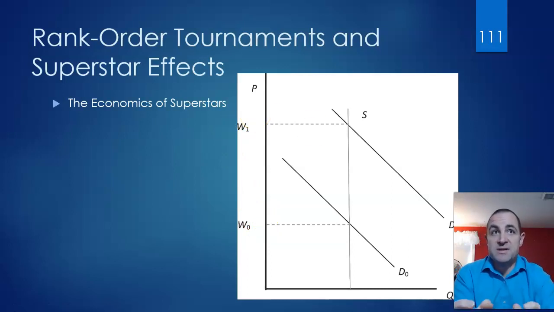Sports and entertainment are particularly prone to superstar effects, especially now with the media making it possible for everyone to see what the best players or entertainers are doing. So the salary structure as a result of this in team sports is highly uneven as well. So in the 2016-2017 season, the Cleveland Cavaliers had LeBron James.